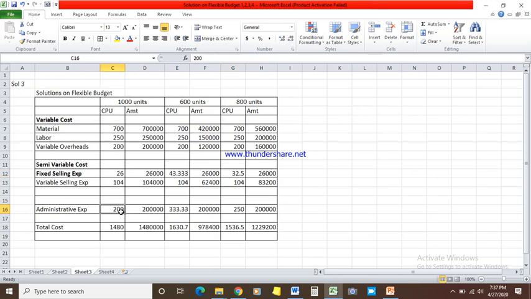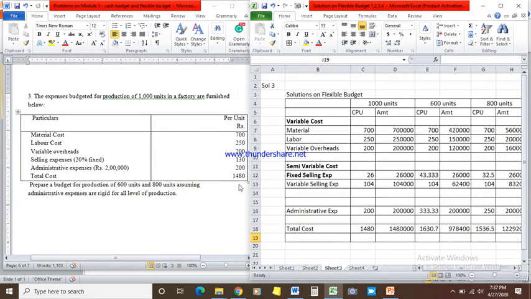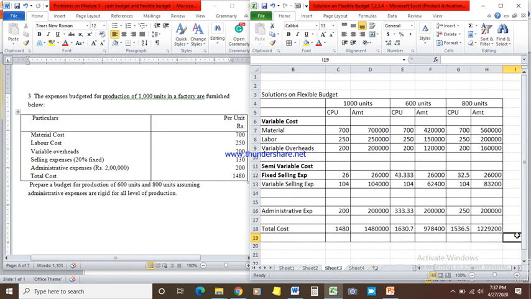Accordingly, the administrative expense per unit moves from 200 to 333, and then comes down to 250. This is the behavior of fixed cost and variable cost while preparing the flexible budget. So this is how the third problem looks once it is prepared.